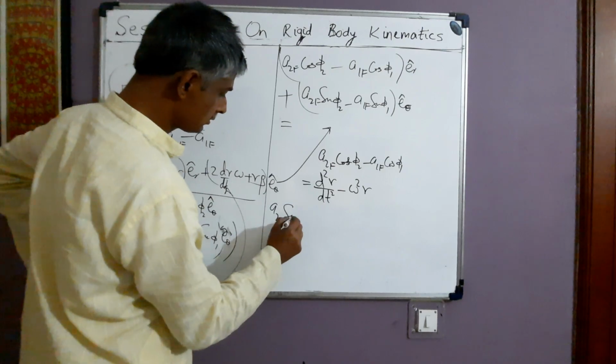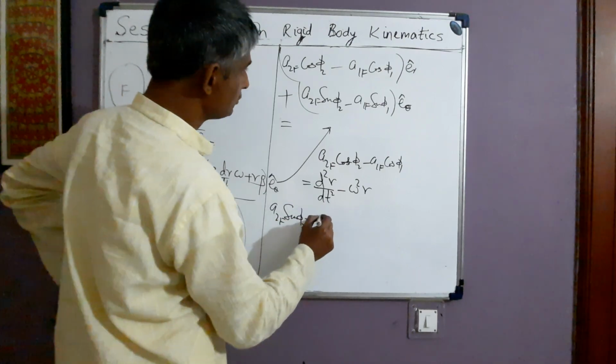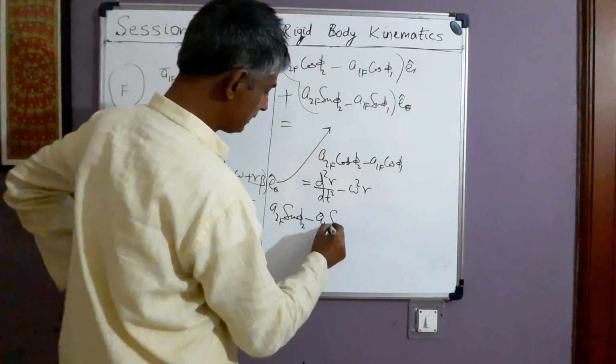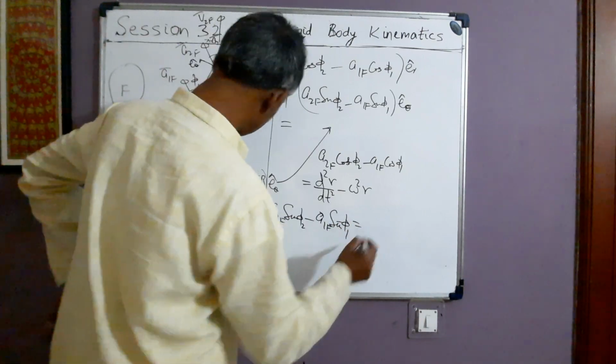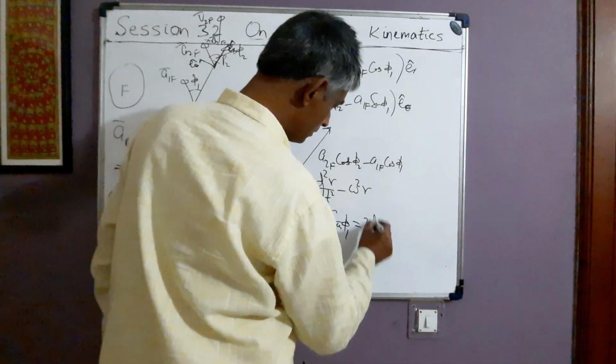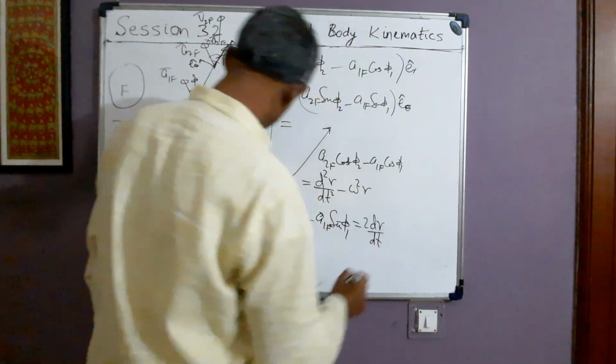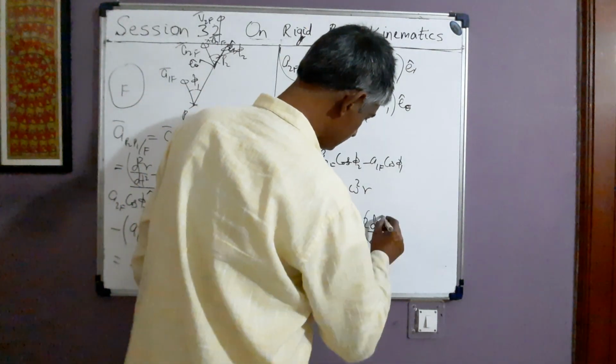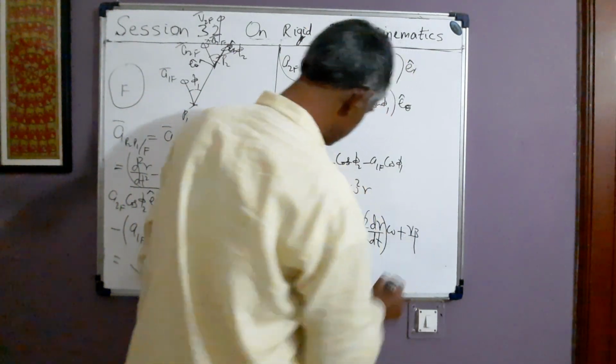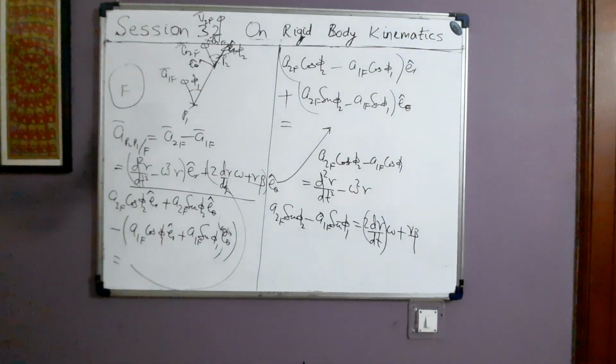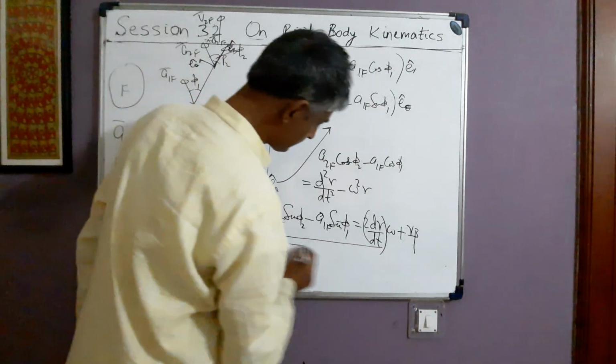A2F sin phi 2 minus A1F sin phi 1 is equal to 2 dr by dt into omega plus r beta. These are the two equations which we have obtained, okay?